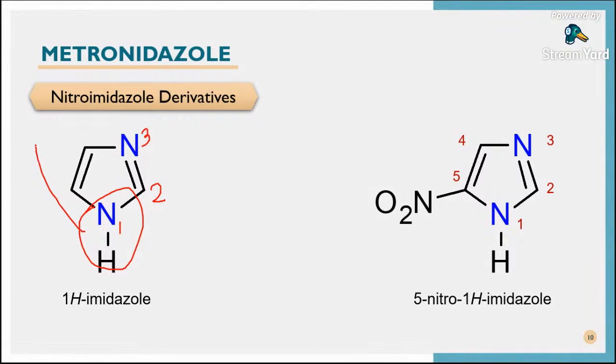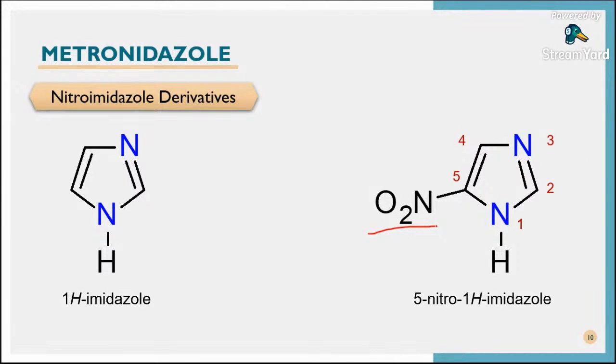We cannot go clockwise because it will give number 4 to the other nitrogen atom. So you have to give the numbering in such a way that both heteroatoms possess the lowest possible numbers. Then you add the nitro group at the 5 number position.